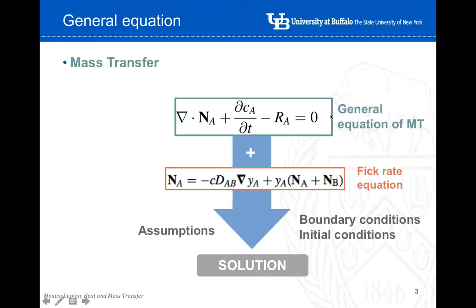If we combine this general equation with the Fick rate equation that we covered in lecture number 10, and if we apply the boundary conditions and the initial conditions we studied in lecture 11, we can formulate a solution of the problem.